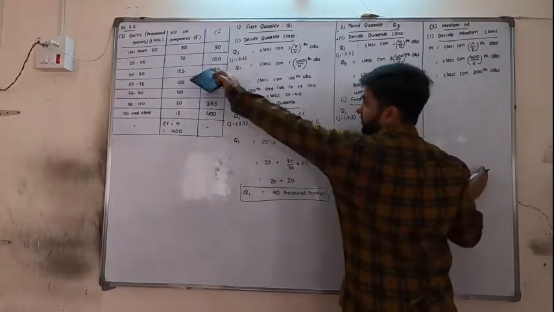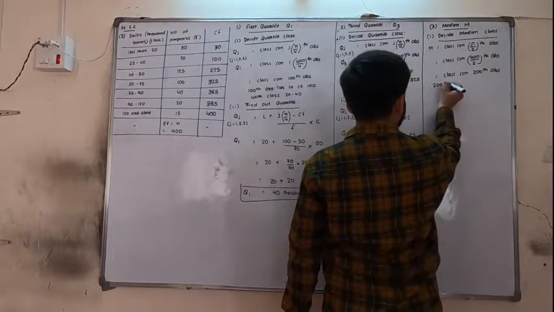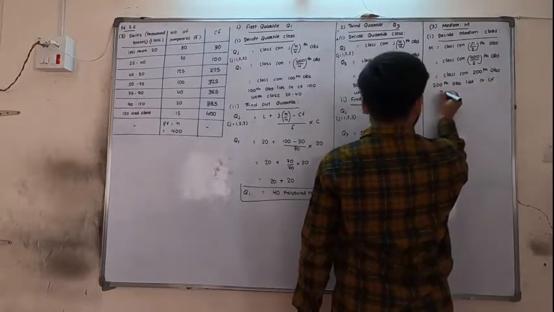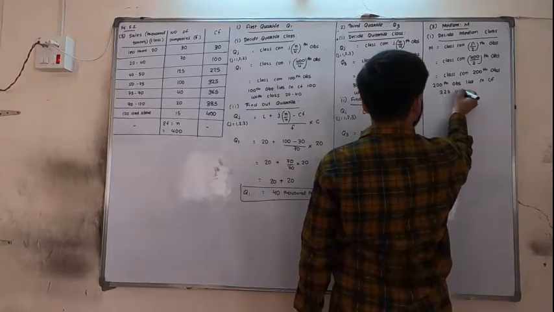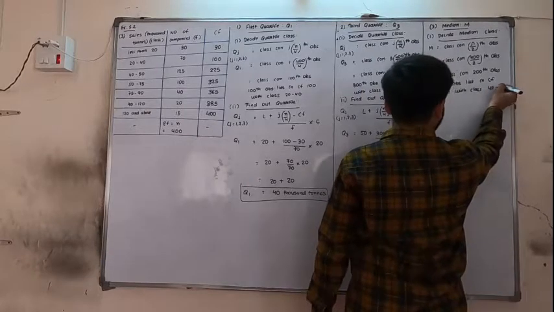Now this 200th observation will be in 225. The 200th observation lies in CF 225 with class 40 to 50.